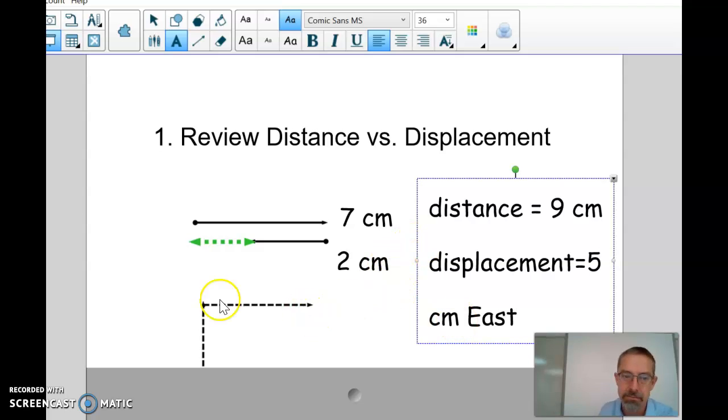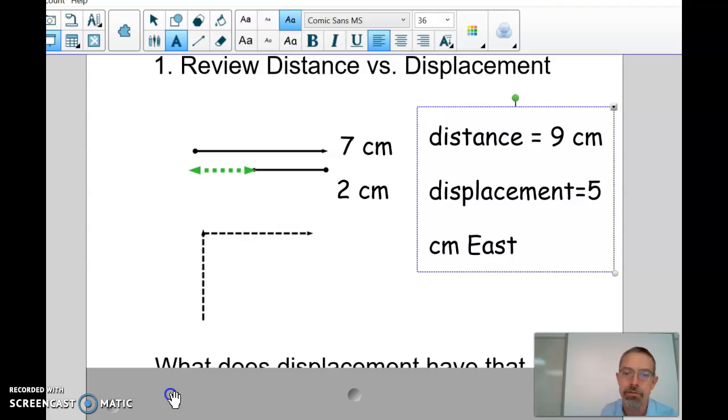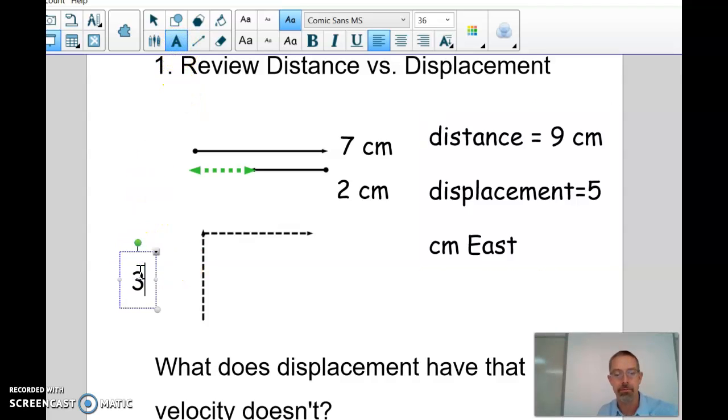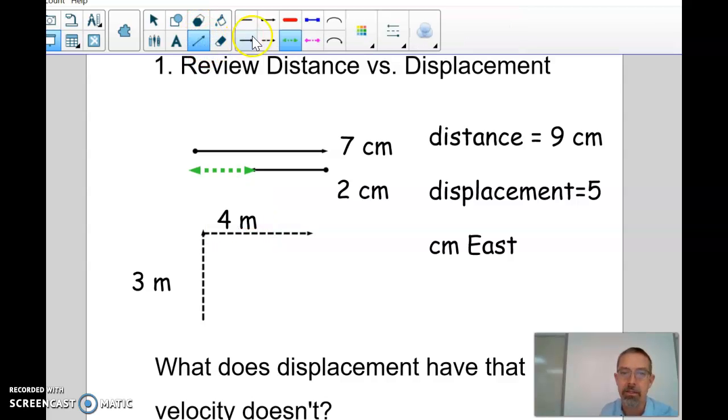So distance and displacement, quick review. If I were to go on this journey, and I travel, let's say, 3 meters up this way, and I travel 4 meters this way, my displacement and my distance again are going to be different things. My displacement is going to be here because that's where I am from where I started.